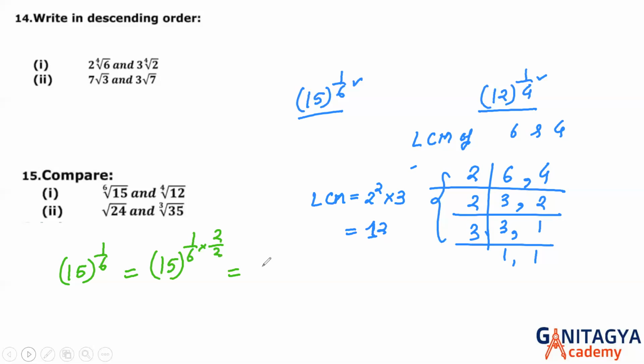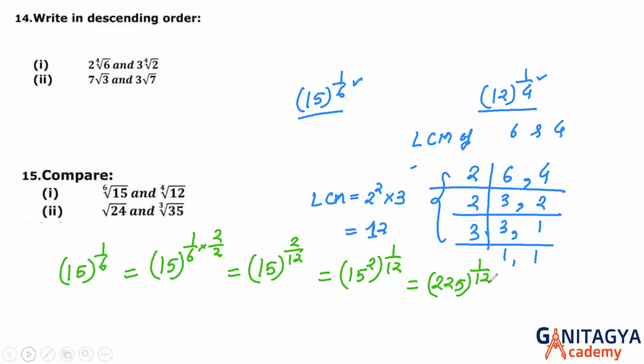So I can write 15 raised to 2 upon 12. Any doubt in this? So then I can write 15 square, power 1 by 12. This is very easy now, I guess. So this is nothing but 15 square, which is 225, power 1 by 12. So the first number is done.